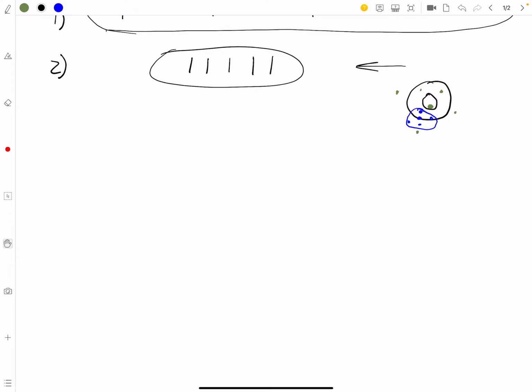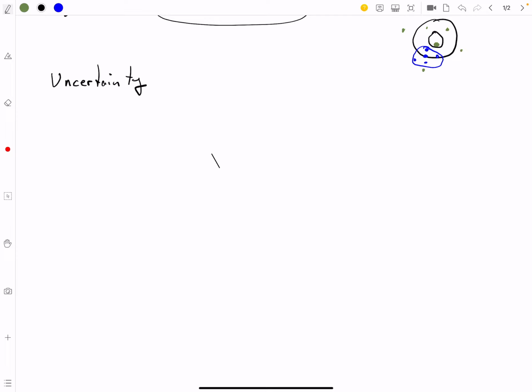Okay, so what does that have to do with uncertainty? All right, I'm going to leave that little picture right there. Let's do uncertainty. So we want to measure the gravitational constant G, okay? And G is well known.